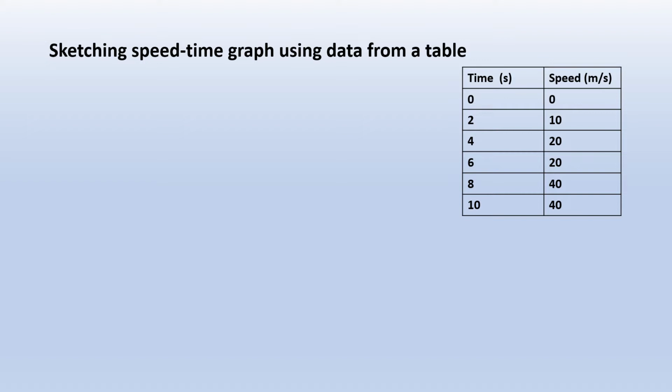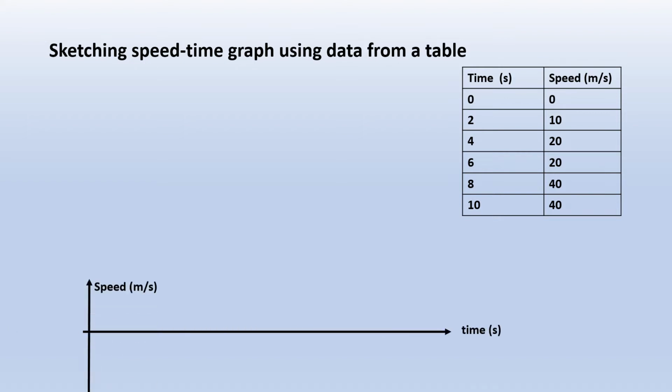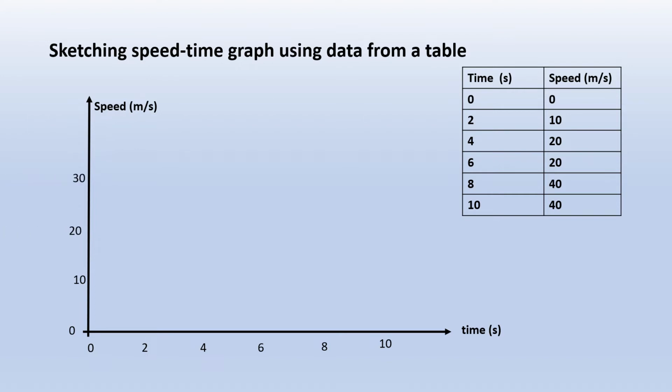We start by drawing the time and the speed axis. Then we place the values of time shown in the table on the time axis. The same thing is done with values of speed shown in the table.